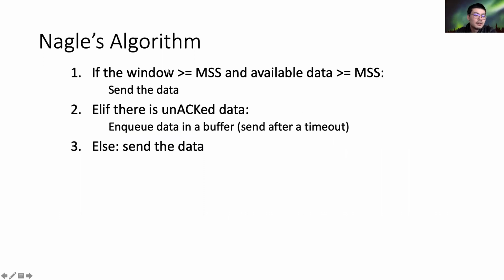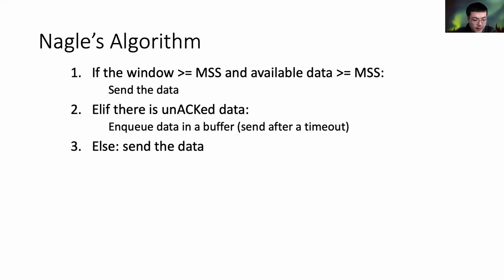Otherwise, you will see if there's unacknowledged data, then you have to enqueue that in the buffer. So you need to wait for the acknowledgement when you send in the buffer.